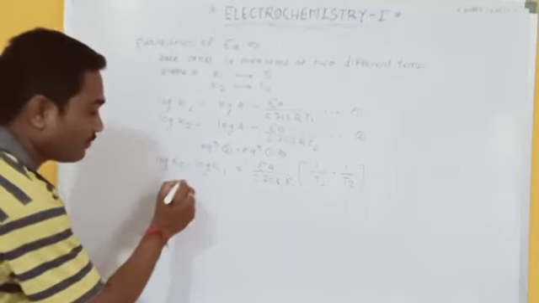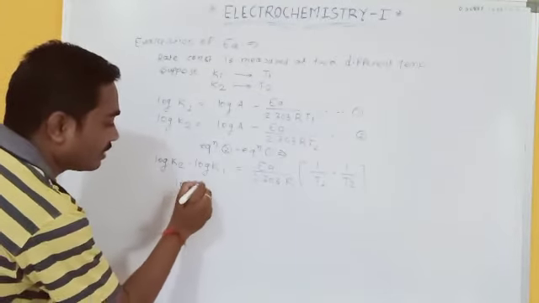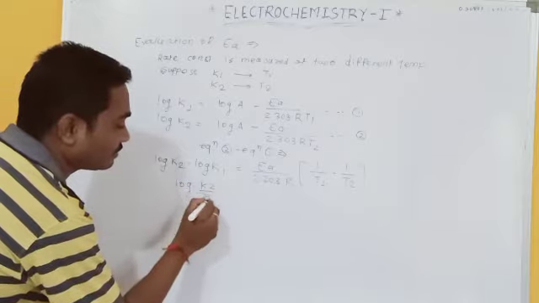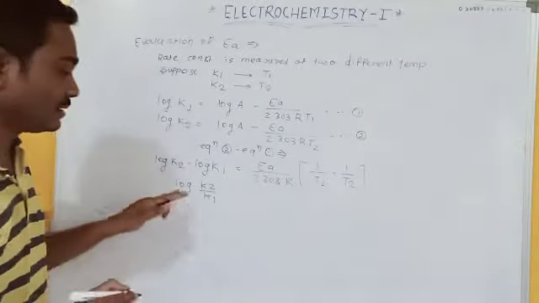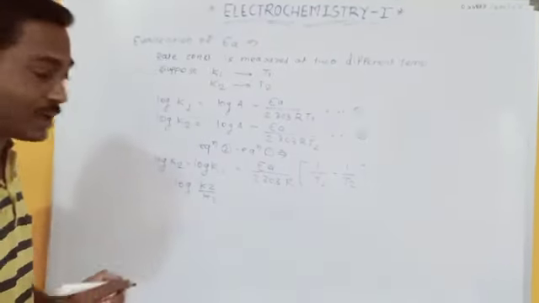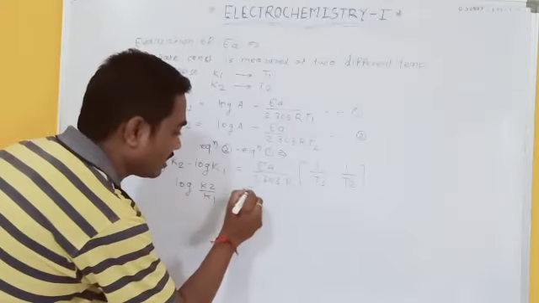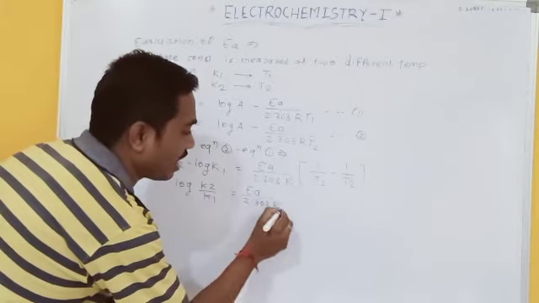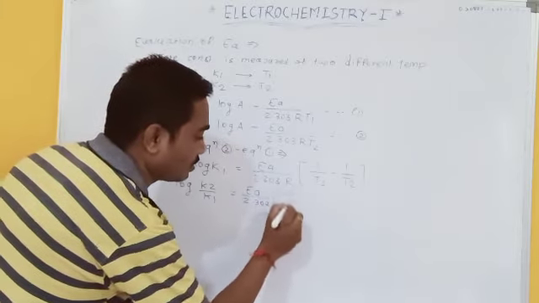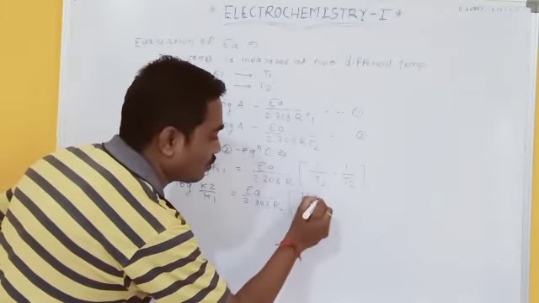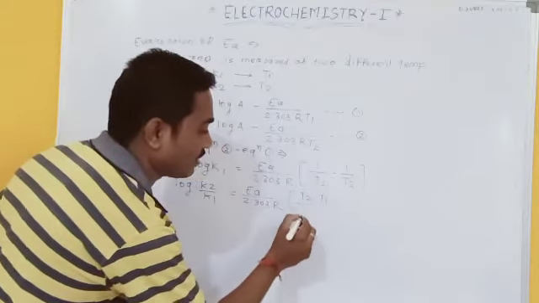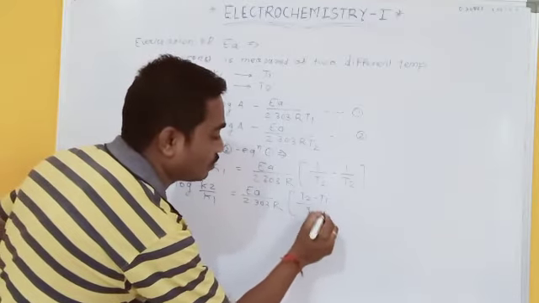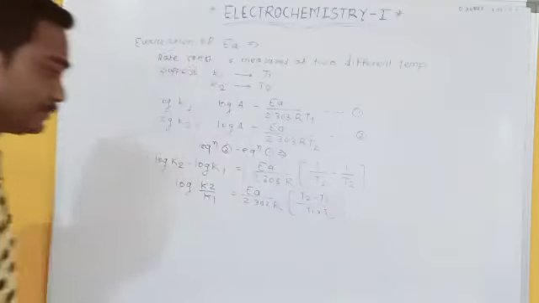According to the formula of logarithms, log K2 minus log K1 is always equal to log K2 by K1. So log K2 by K1 is equal to EA divided by 2.303 R in bracket T2 minus T1 divided by T1 into T2.